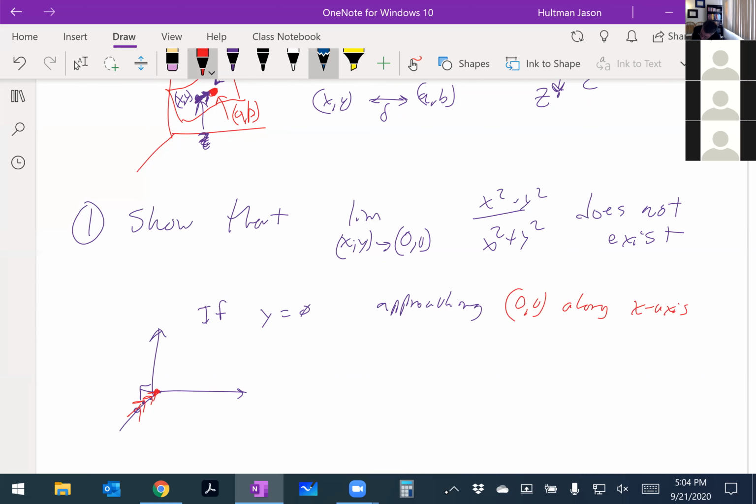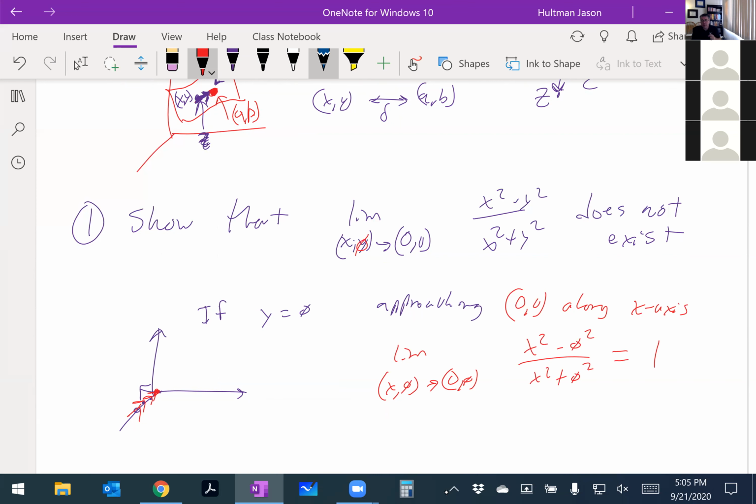So if you let y equal 0, fix y there to be 0, then what happens? Well, then we get the limit as x, 0 goes to 0, 0 of x squared minus 0 squared over x squared plus 0 squared. What is this going to be? Well, this is just going to be x squared over x squared, which is 1. Does that make sense?